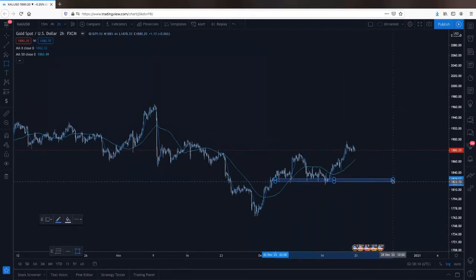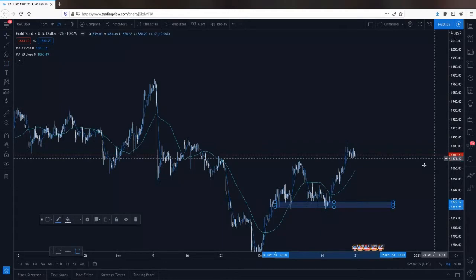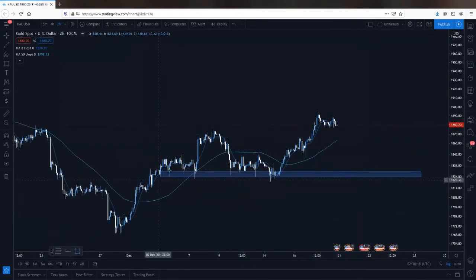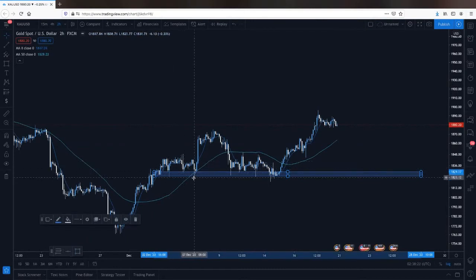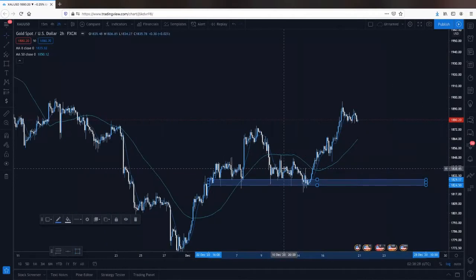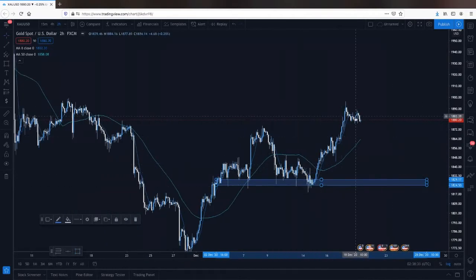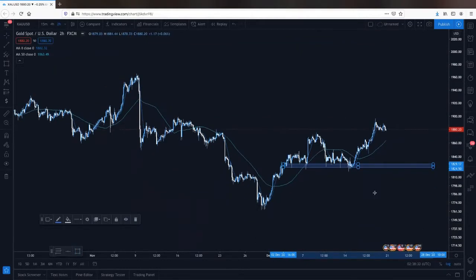That means this was a strong support on the 2-hour time frame. Price touched here about 7 times before it actually started moving, so that's considered a key zone.